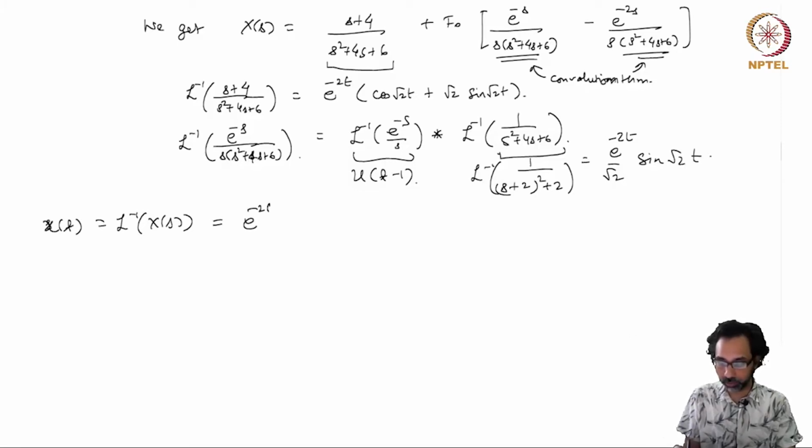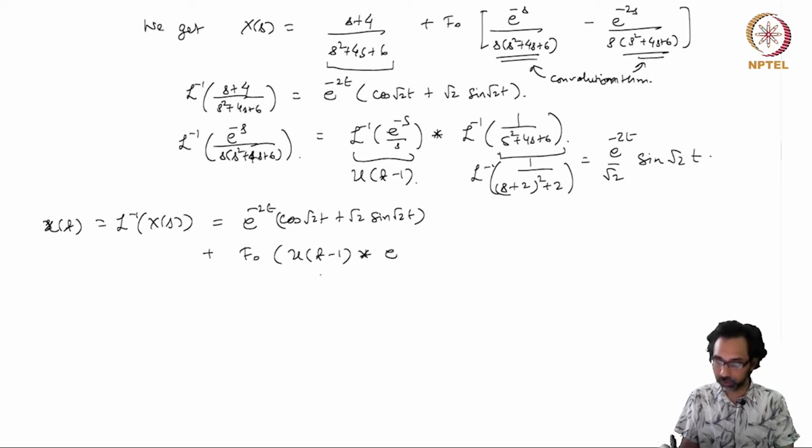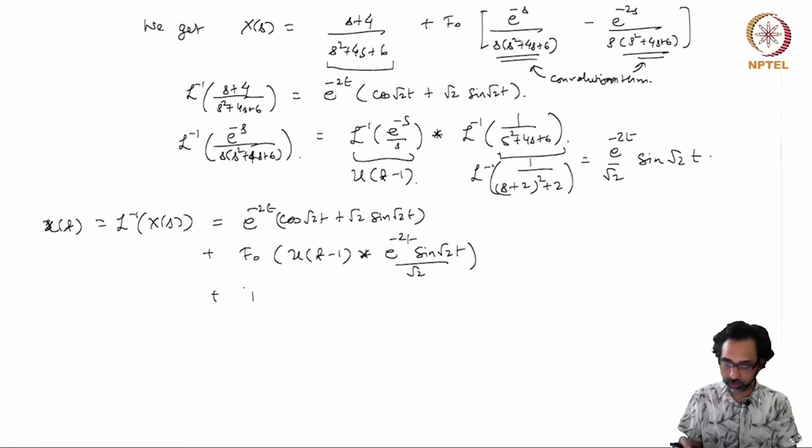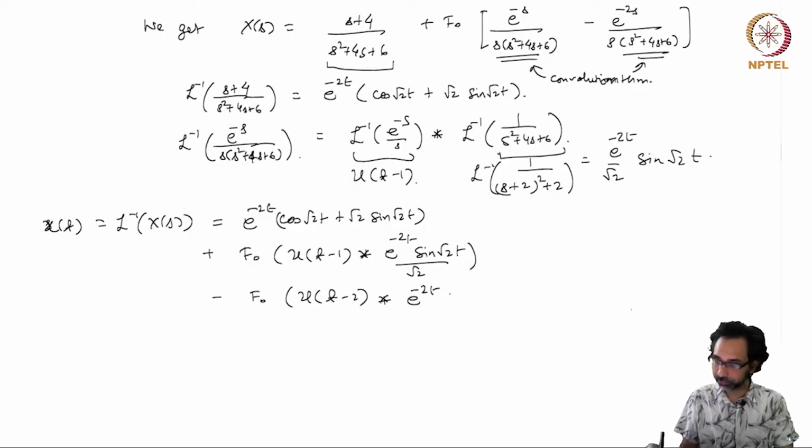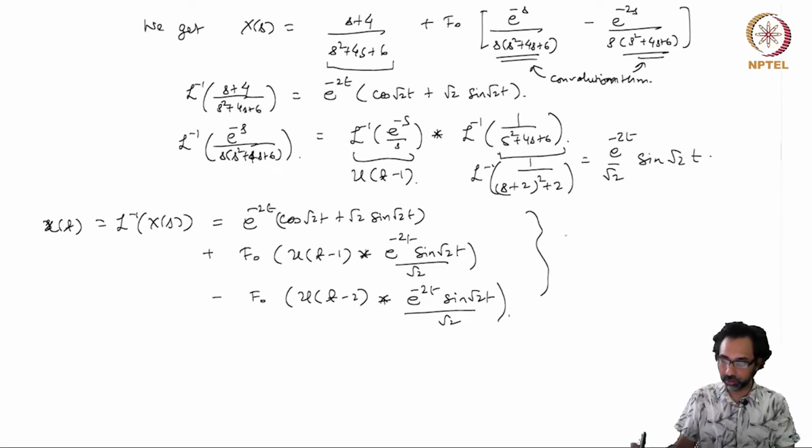So the first term is e to the power minus 2t times (cos root 2 t plus root 2 sine root 2 t), plus f naught times the convolution of the Heaviside step function at 1 and the function e to the power minus 2t sine of root 2 t over root 2, and the third term is minus f naught times the Heaviside step function at 2 convolved with e to the power minus 2t sine of root 2 t over root 2, and this is our solution.